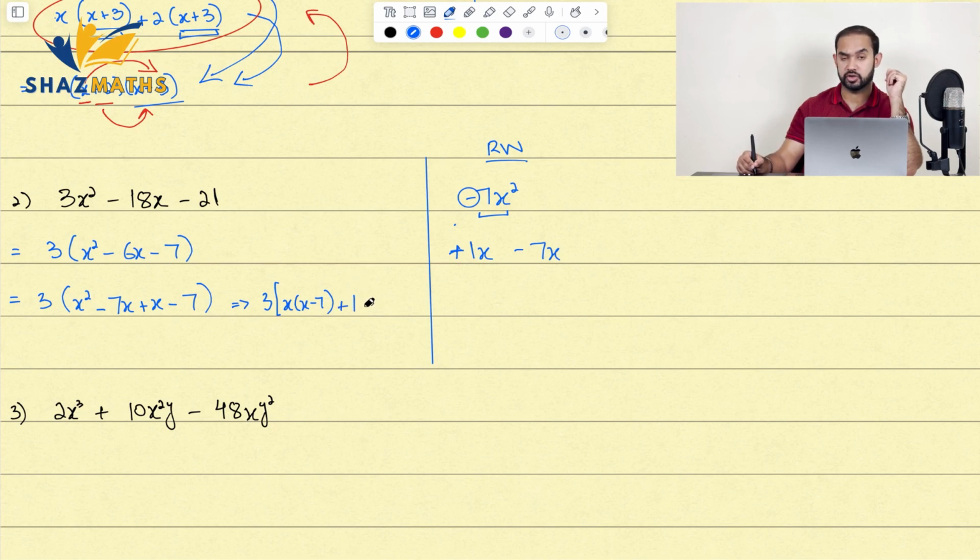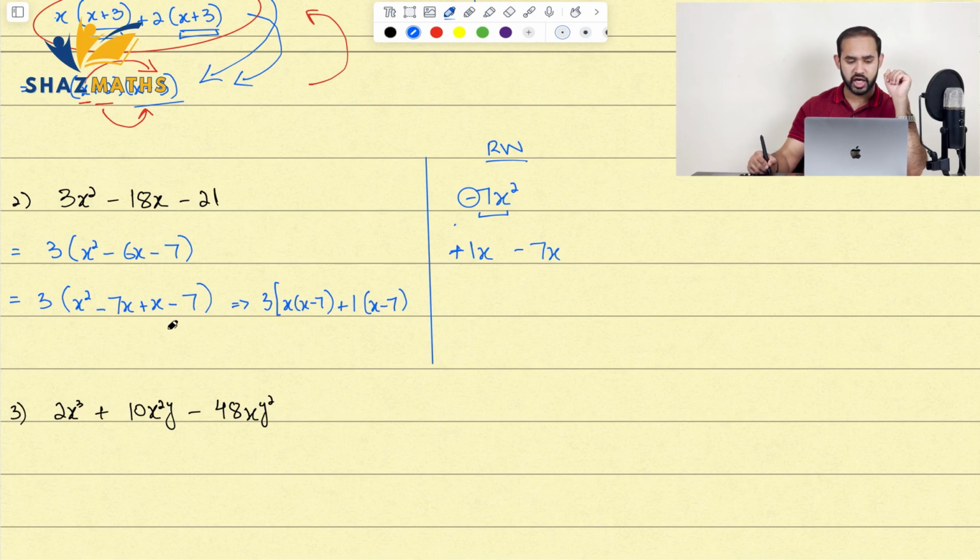I'll just take plus 1 as common times x minus 7, because when I've taken plus 1 as common, the terms inside the bracket would not change. Because x divided by 1 would result in x, and 7 divided by 1 will result in 7. And whenever you take positive as common, the signs inside the bracket always remain the same.